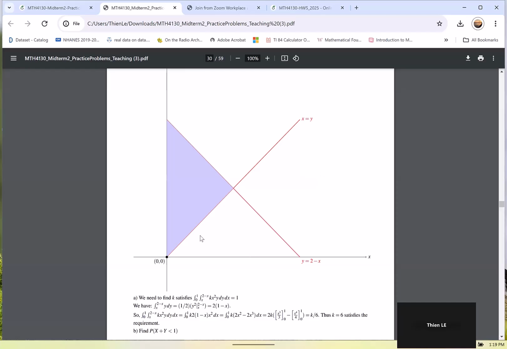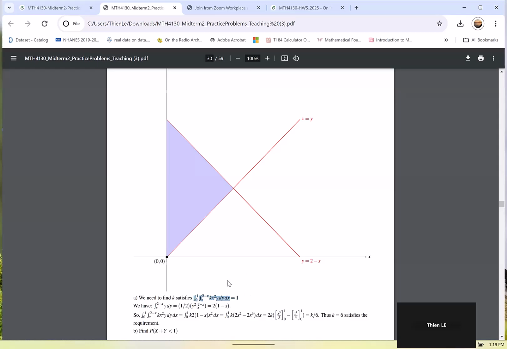After you write it down, you should be able to see that the constraint region we are looking at is x from 0 to 1, and y from x to 2 subtract x. So this is the constraint domain, which means you can rewrite your double integral with more explicit boundaries, and this will be 1 to make sure it's a valid PDF.